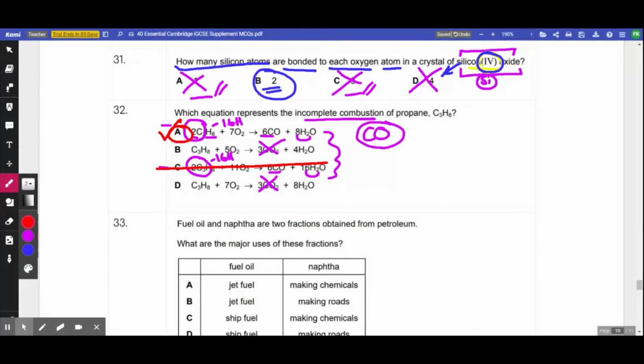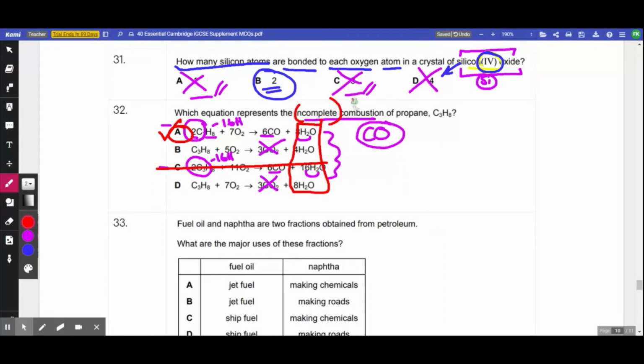Half the cohort actually got that. Choice C, funnily enough, was actually the least popular choice. Choice B was the most popular mistake to make. About 41% of our cohort looked at that and perhaps chose that because each of these had water, so they automatically thought, right, okay, this is a question on complete combustion, not incomplete combustion.